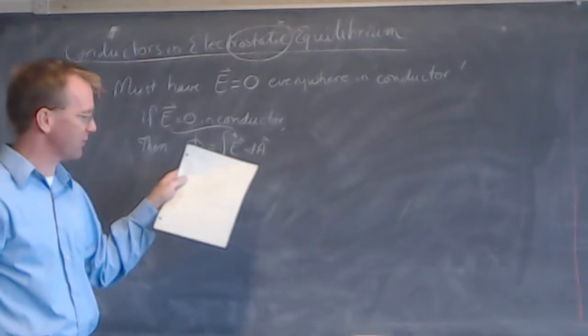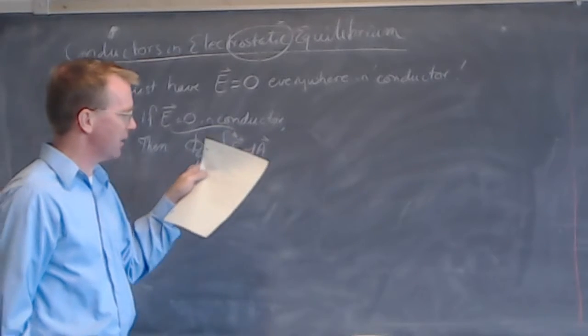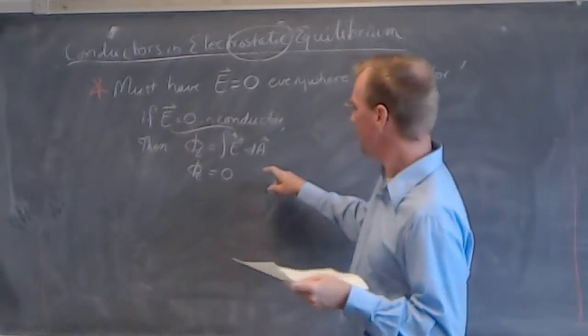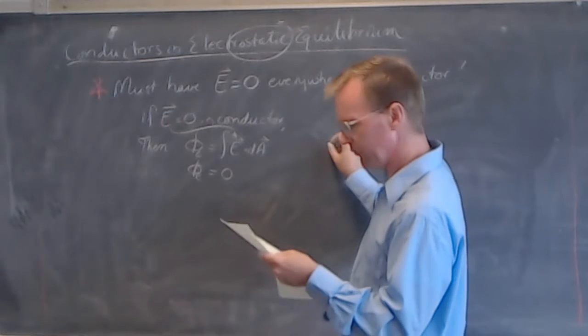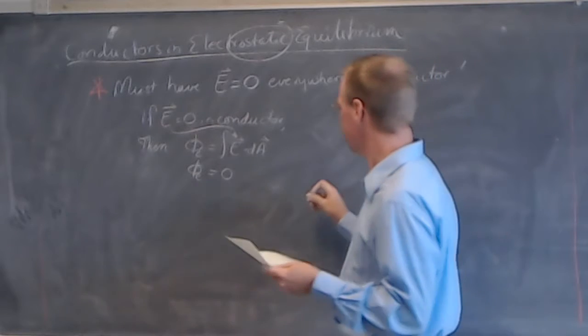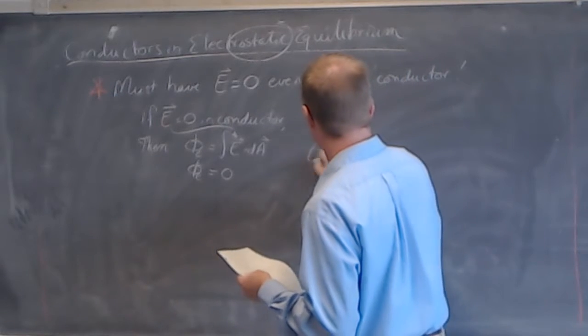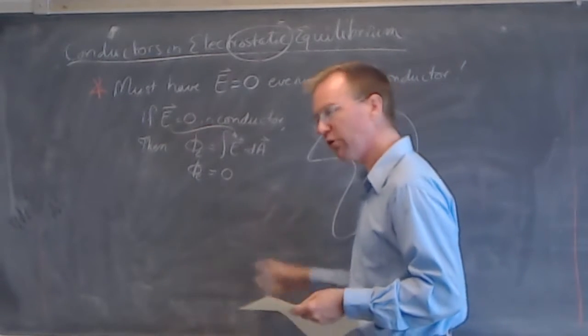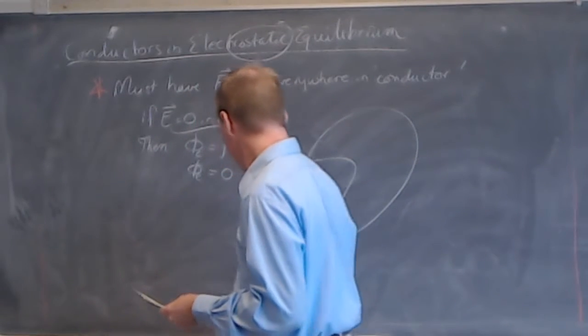Now, what surface are we talking about? What Gaussian surface? If we put a Gaussian surface that is just inside the conductor's exterior surface. There's some random shaped conductor, cross-section of it.